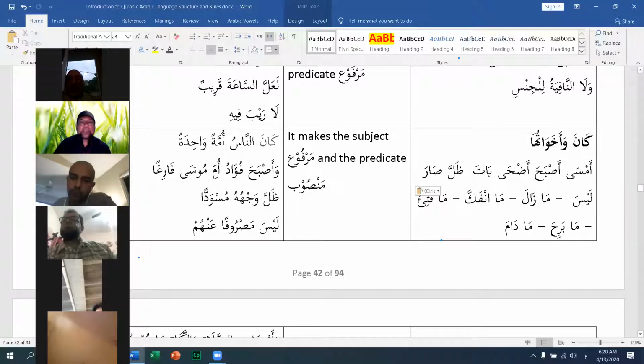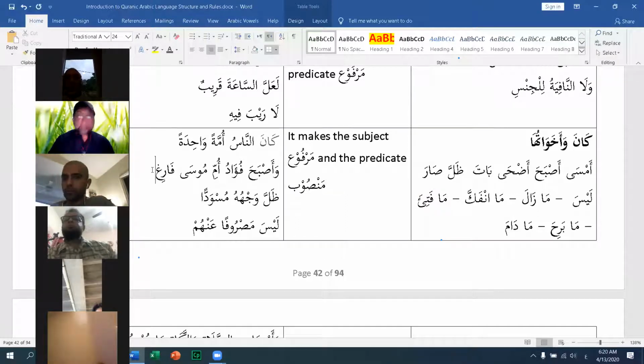But let's look what the action is. Let's take, for example, Fuadu Ummi Musa Farighun. So let's take out Asbaha and make it grayed out, as if it's not there. Fuad means what? The heart, the mind. Ummi Musa, the mother of Musa.